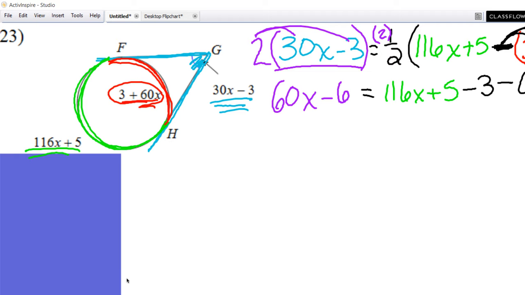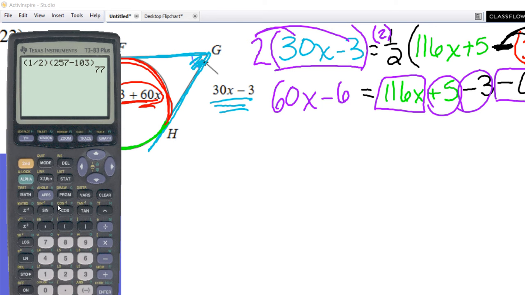The next thing we want to do is combine like terms. So I'm going to combine my x's, and then I'm going to combine my numbers. Let's do x's first. We get our calculator and we're going to be doing 116, and it's not plus, it's minus.